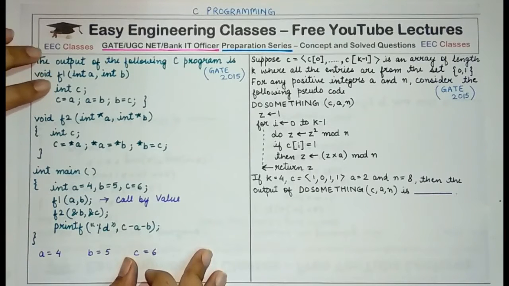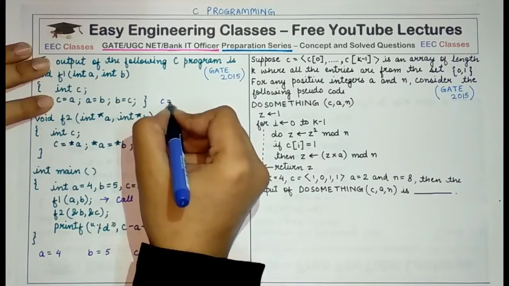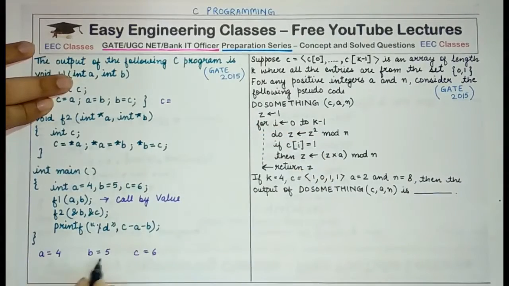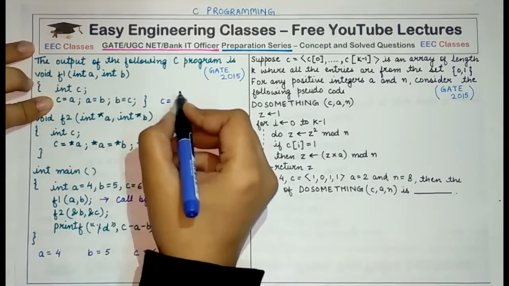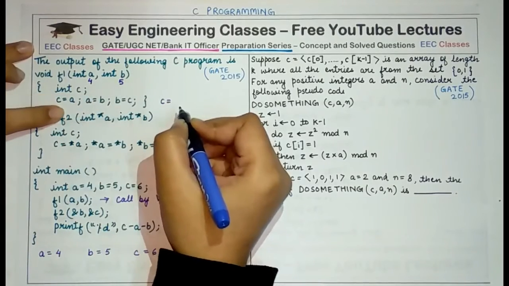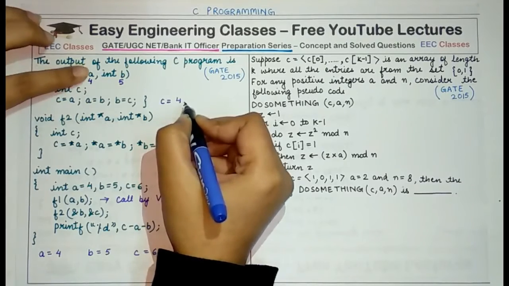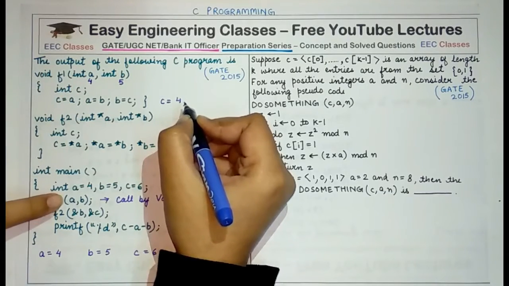In f1, a new local variable c is declared and assigned the value of a. A was 4 and b was 5. c gets assigned the value of a, which is 4, the copy and not the original a.